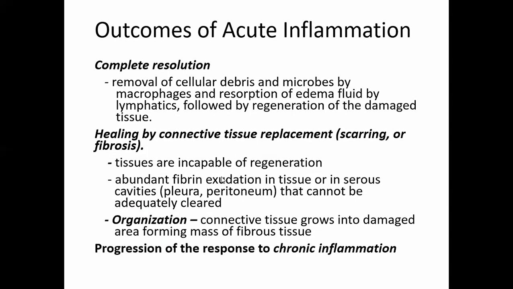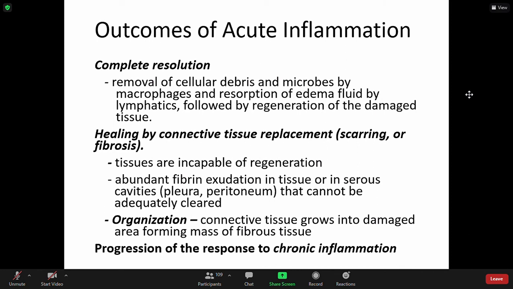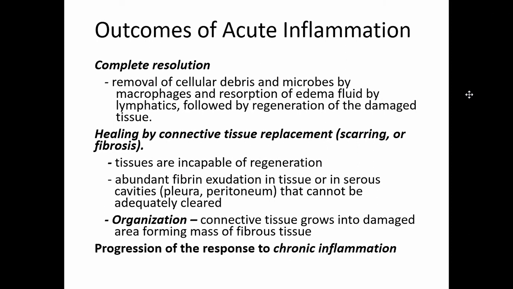So the outcome of acute inflammation: although, as might be expected, many variables modify the basic process of inflammation, including the nature and the intensity of the injury, the site and the tissues affected, and the responsiveness of the host.